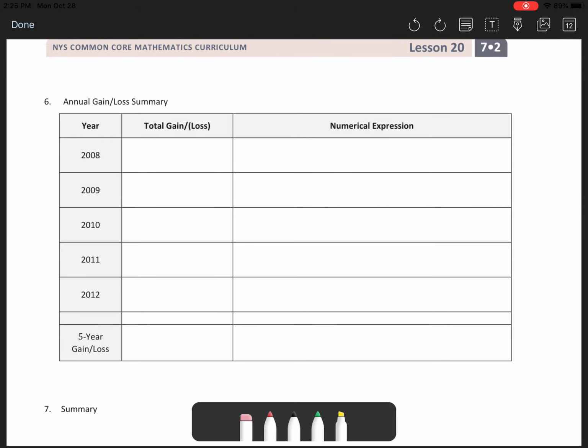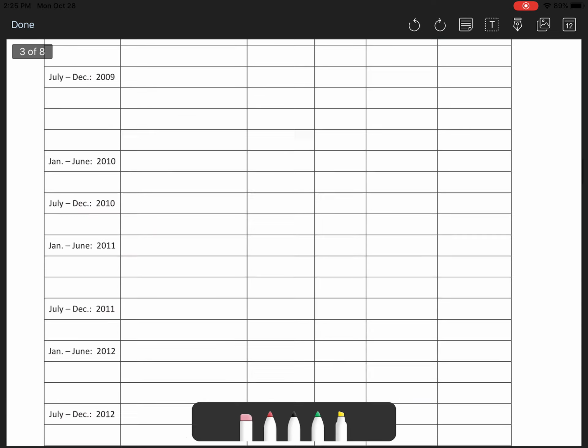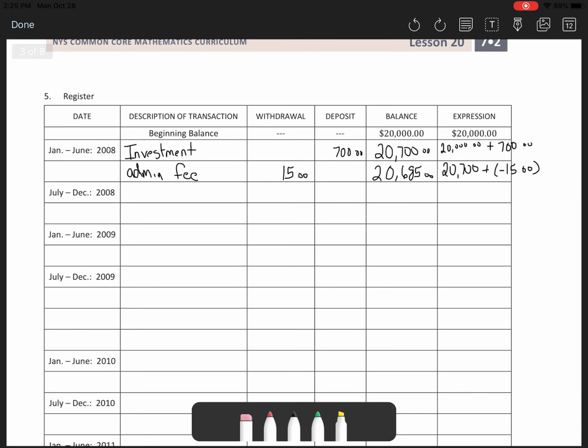Next, for number 6, it says total investment or gain or loss for that entire year. So what you're going to do is get the entire year. We're going to start at this point right here. What you have in this box will be everything that you got in 2008.